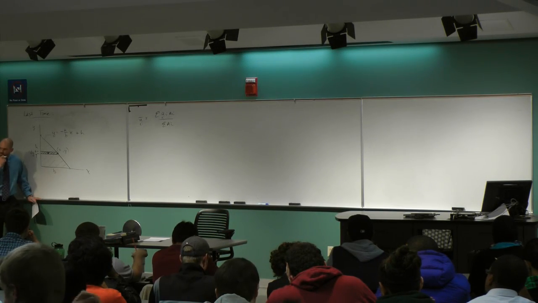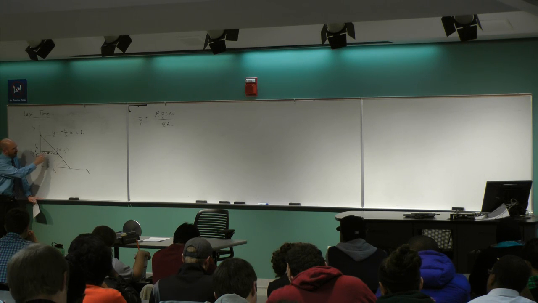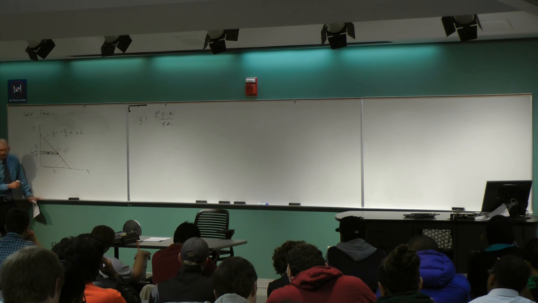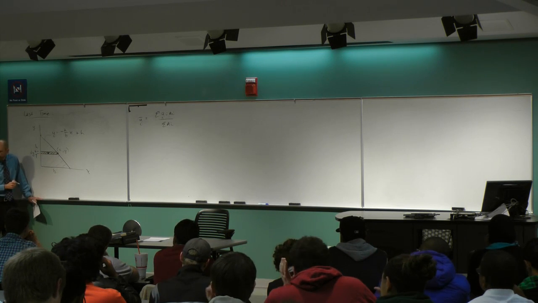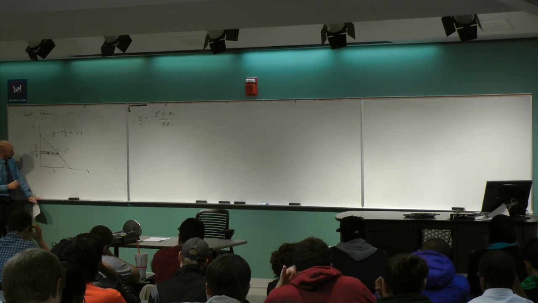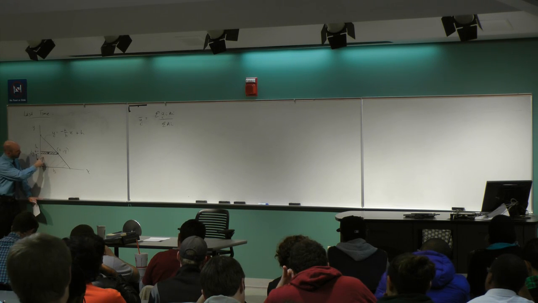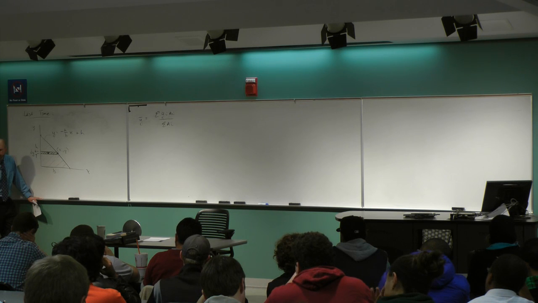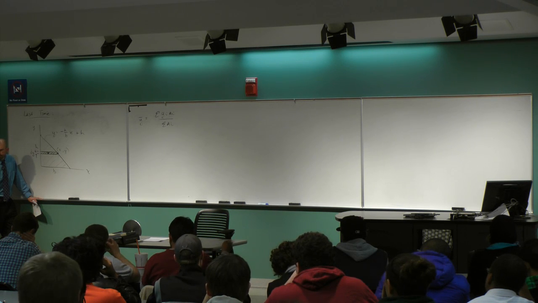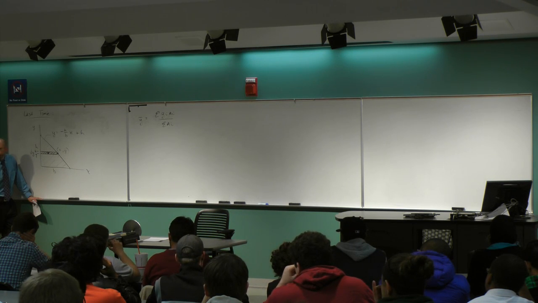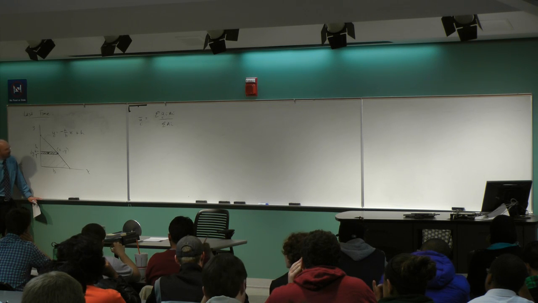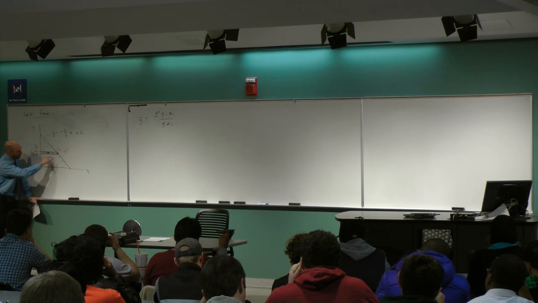So let me ask you this. The area is the length times the width for this little rectangle. And so if the width, or the thickness, is dy, what's the length of this rectangle? Is it the same? Is it b?